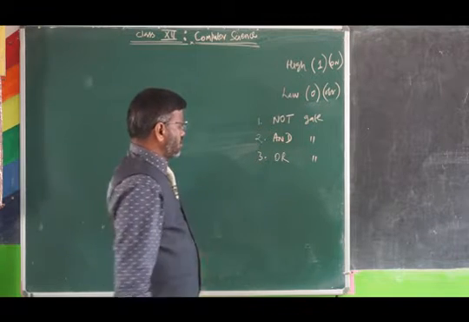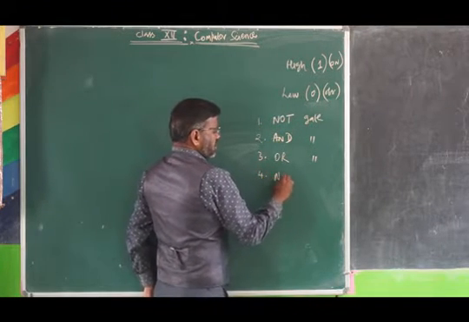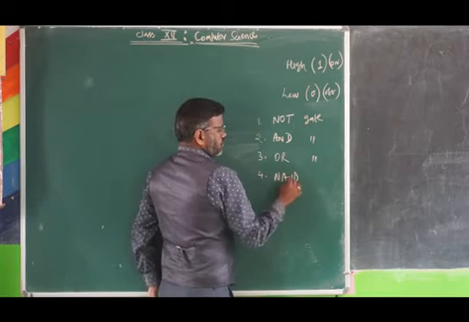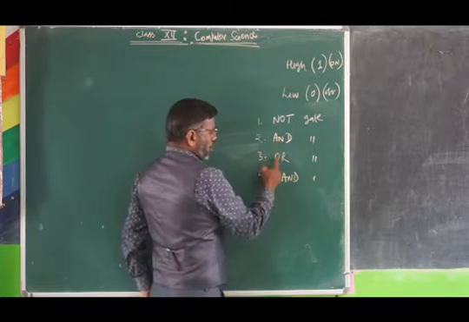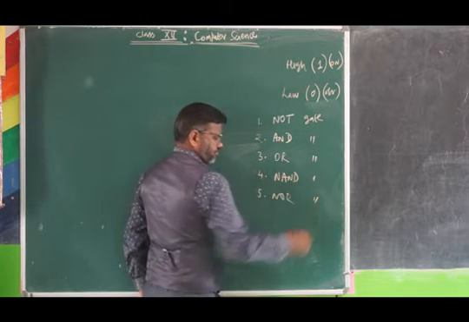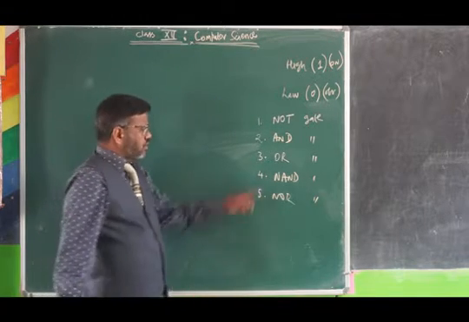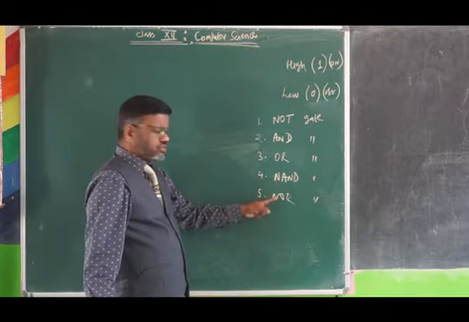With the help of that, NOT and AND is called the NAND gate. NOT and OR is called the NOR gate.